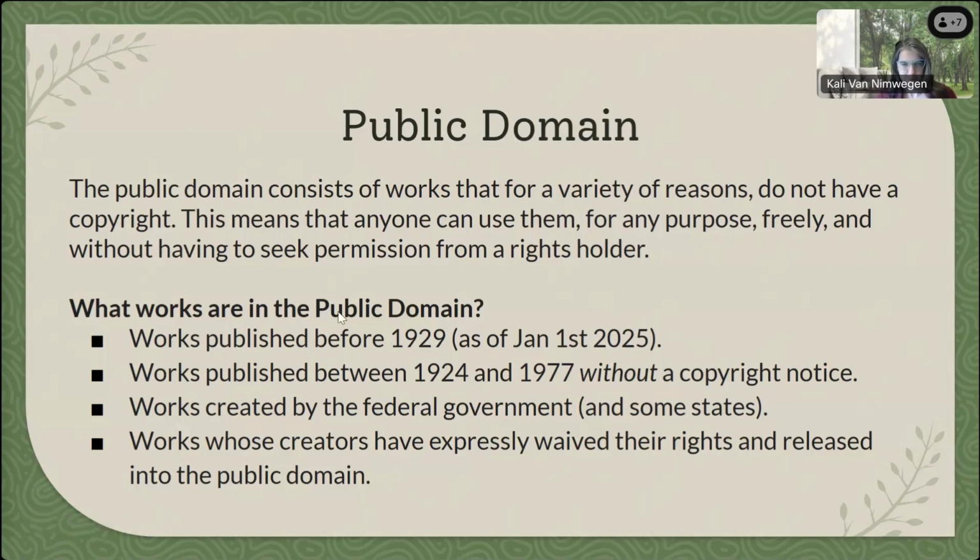So works published between 1924 and 1977 without a copyright notice. So this goes back to, there was a period of time where you had to file copyright, you had to stamp it saying that it was copyrighted, and you had to renew that copyright notice. There's actually a ton of movies that either never put a copyright on them or they forgot to renew the copyright when studios got bought or closed or switched.